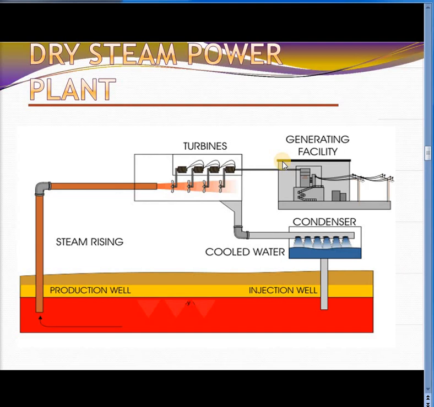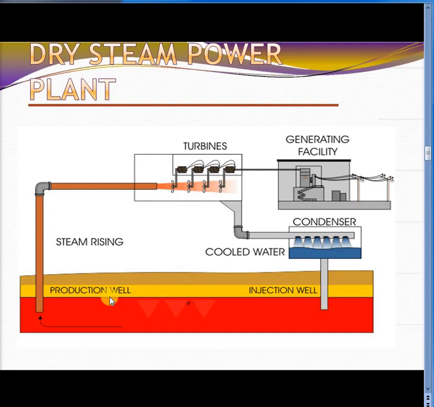Dry steam power plants work by pumping cold water into the earth via one pump line. It injects cold water, and from the production well it takes steam, and through the injection well it pumps the cold water back into the earth.